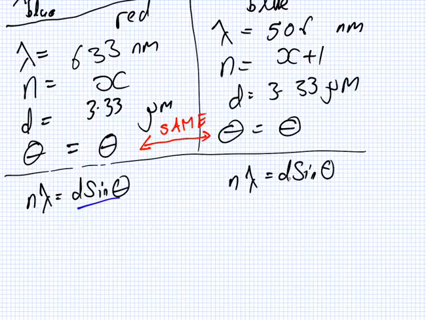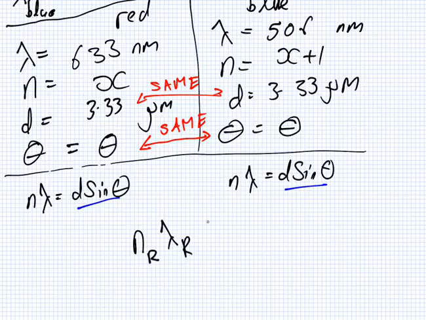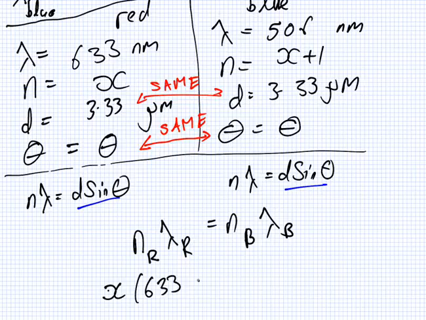So what you have here, you have red and you have blue. For the red, what was the wavelength? 633 nanometers, and for the blue it's 506 nanometers. The n we don't know, I'll call it x, and here the n we don't know, but we know it's x plus 1.